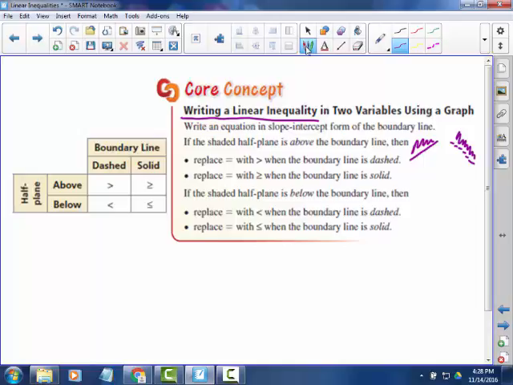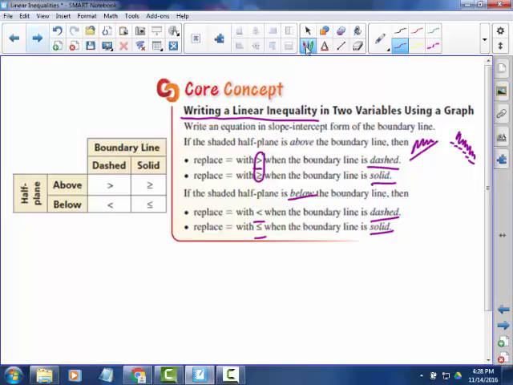Then we'll use these two symbols, which are our greater than symbols, and we'll use strictly greater than when it's dashed, and we'll use greater than or equal to if it's solid. And then the opposite of that, when it's below, we'll use less than when it's dashed and less than or equal to when it's solid, which this little chart right here will help you pick out which symbol to put in.